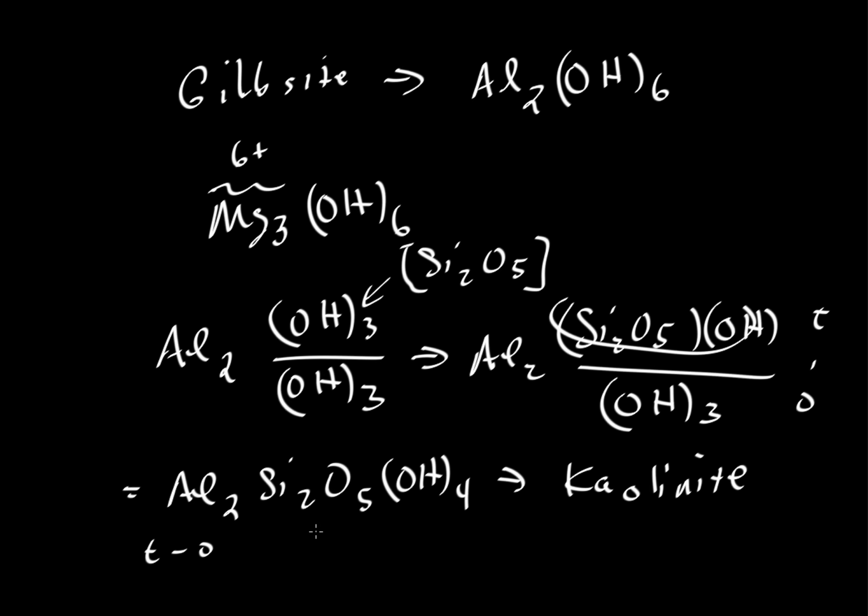And we'll just end by showing a little bit of terminology. We've talked about minerals that have either 2 aluminums or 3 magnesiums per formula unit. And we might have just a series of hydroxyls, or for the case of gibbsite over here or brucite down here.